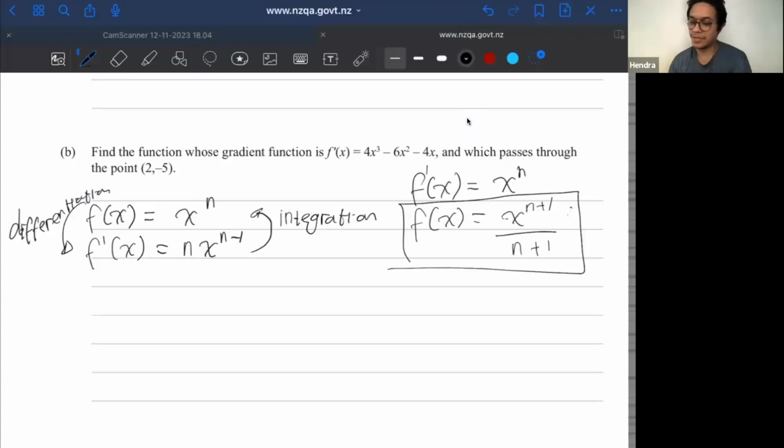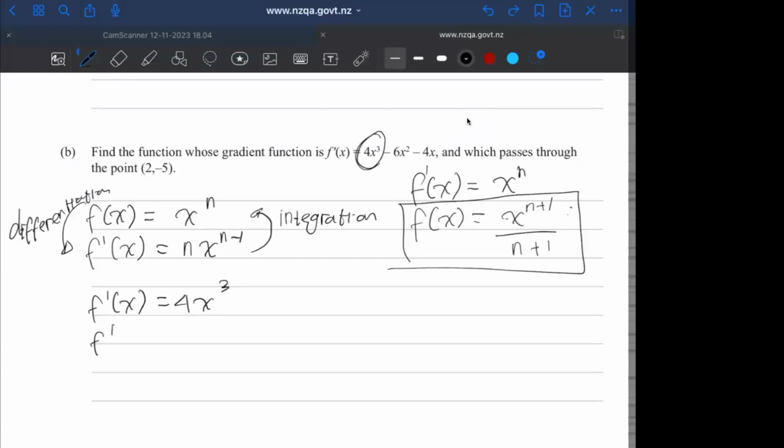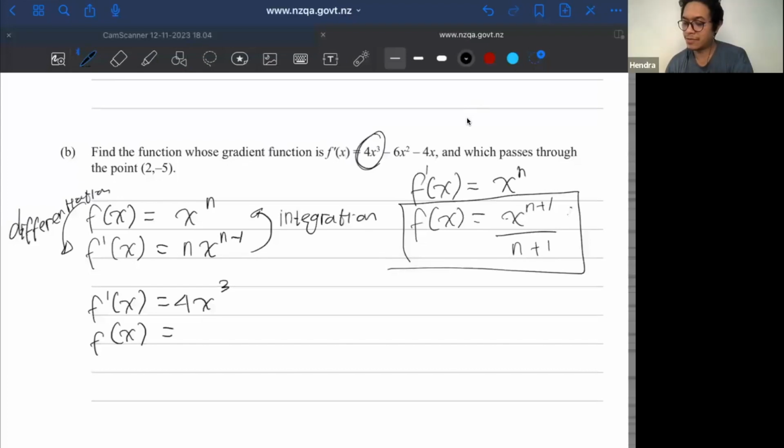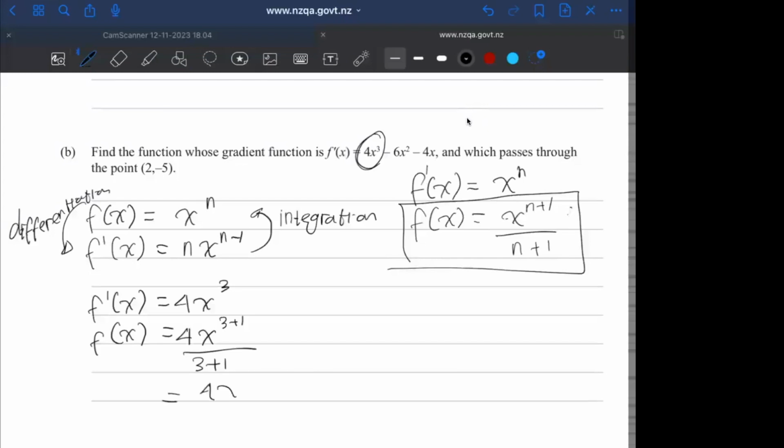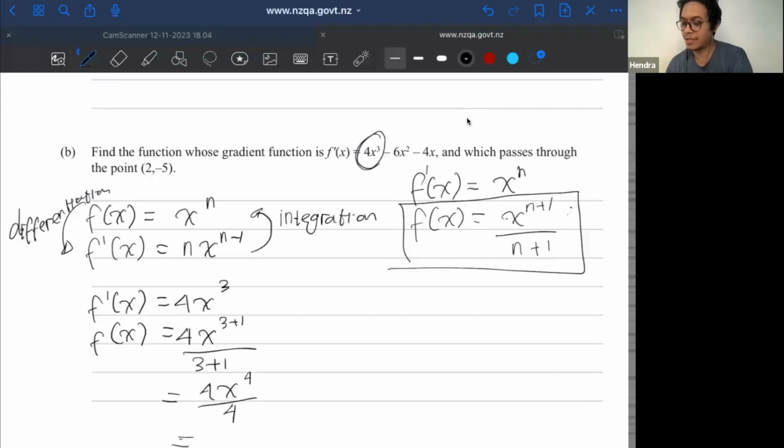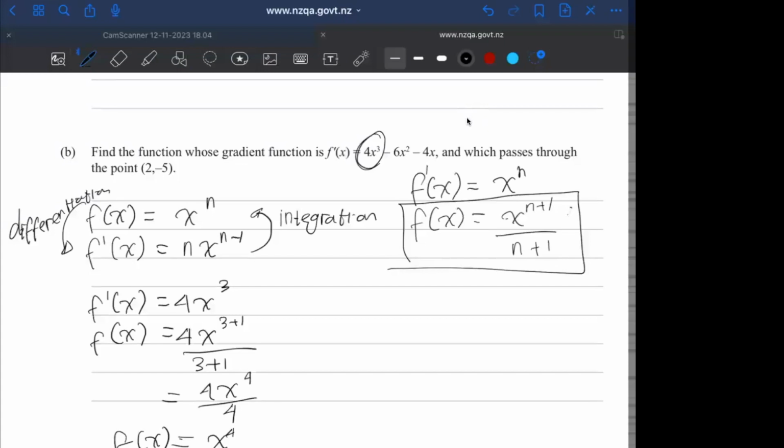Okay, example. Let's say you have f prime x is 4x cubed, then f(x) will be 4x to the 3 plus 1 over 3 plus 1, which will give you 4x to the 4 over 4, which is x to the 4. Okay, the reverse.